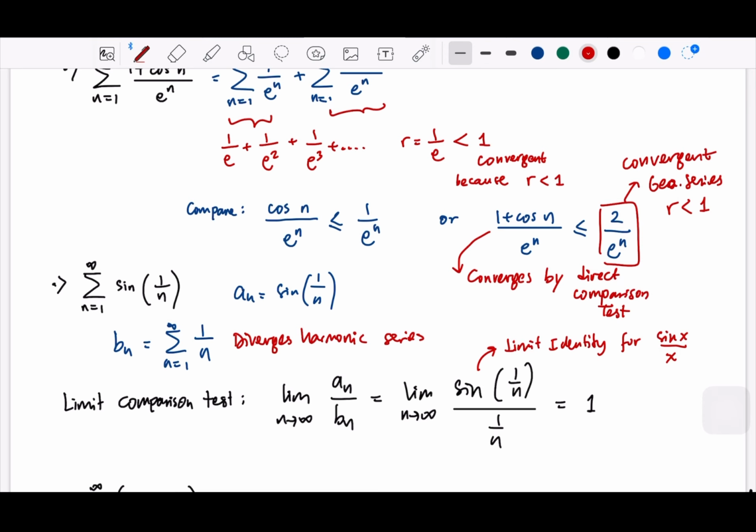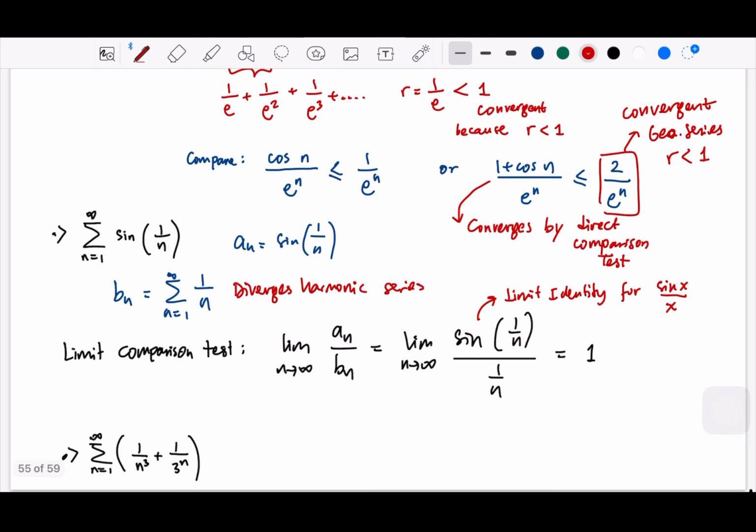And because it fits, then as a conclusion, the series also diverge due to limit comparison test.